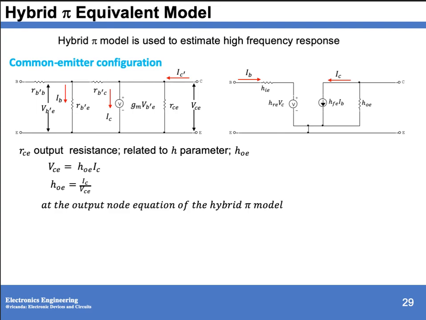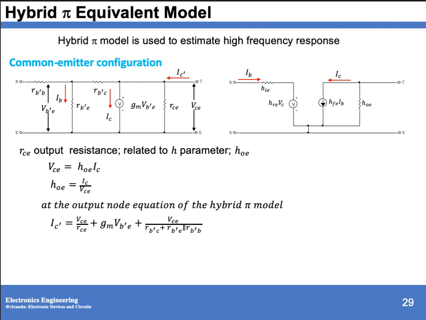That is equal to your VCE over RCE, the current flowing at your RCE, plus your gm V_B'E, then plus the current that will flow at your RB'C going to the terminal of your RB'B in parallel with your RB'E.